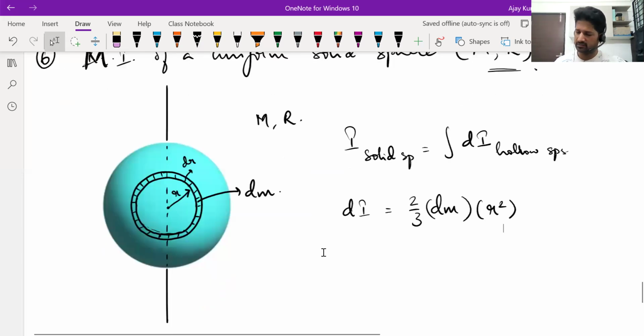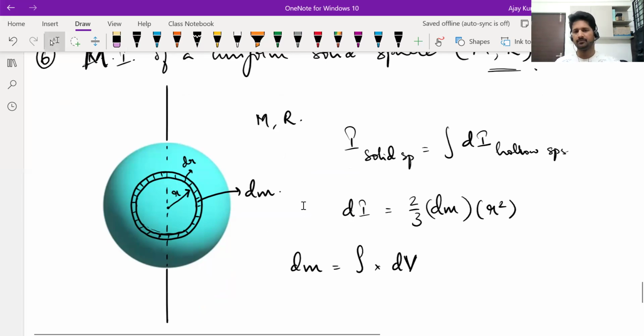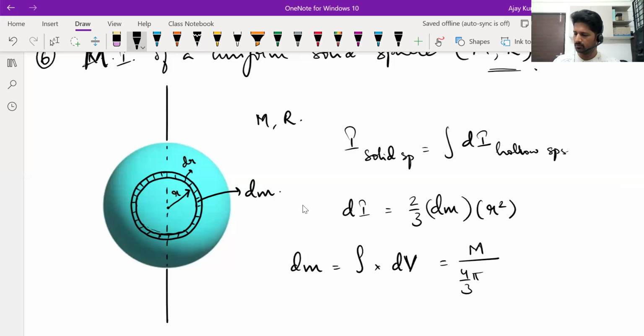It's a volumetric mass distribution. So you have to write dm is equal to density, that is mass by volume, into the volume occupied by that thick shell element that we have taken, hollow spherical element that we have taken. Okay. Now total density we know. Total mass divided by total volume, that is 4 by 3 pi capital R cube.